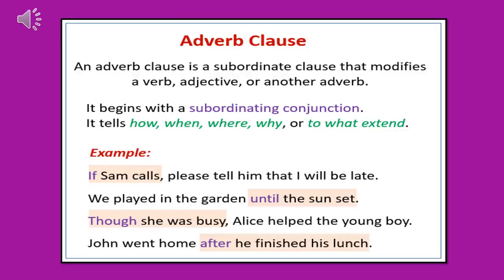Examples, as I have given you: if Sam calls, please tell him that I will be late. As I have told you, adverb clauses describe an action. Another example: we played in the garden until the sun set. So it is describing the action.